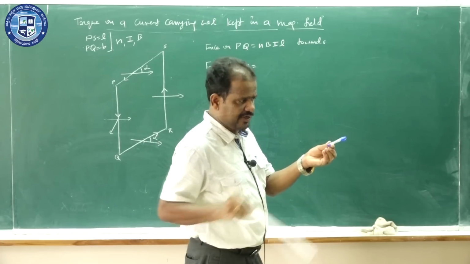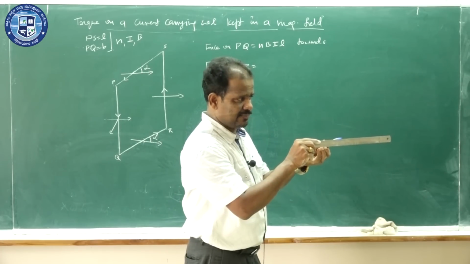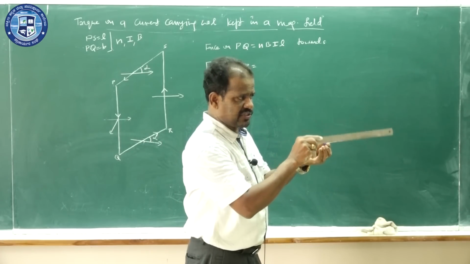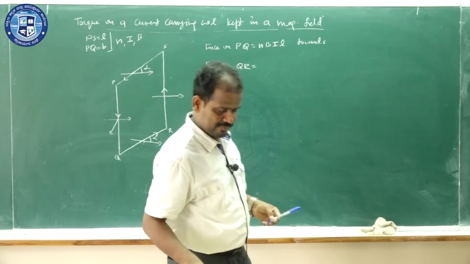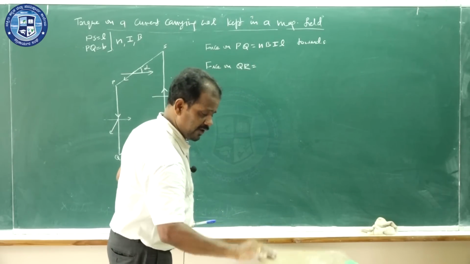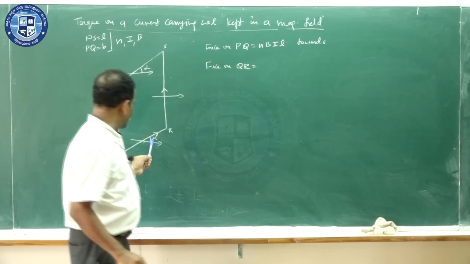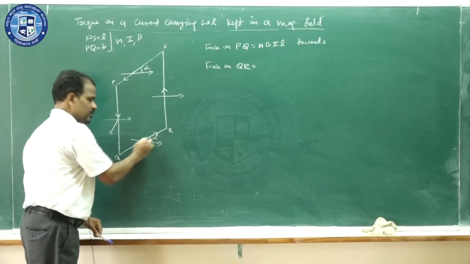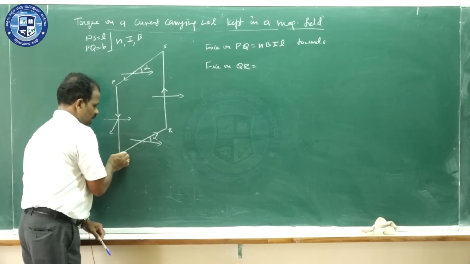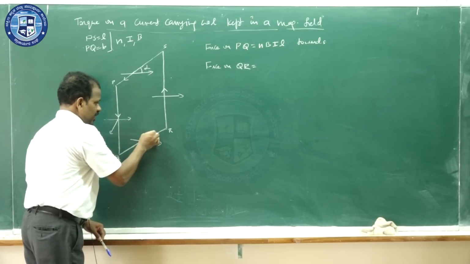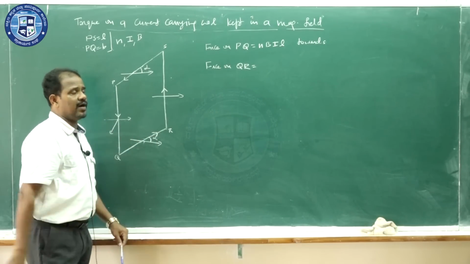And this is the magnetic field direction. The angle between the scale and the pen is exactly alpha. You can see here, it is alpha. This is the magnetic field. This is the current direction, or conductor direction, and that is alpha.